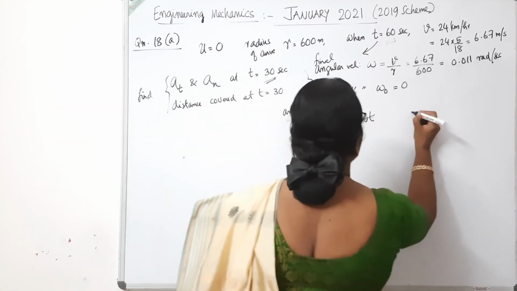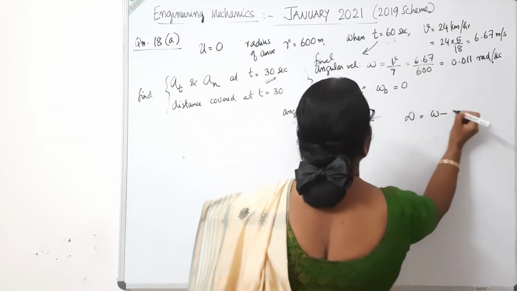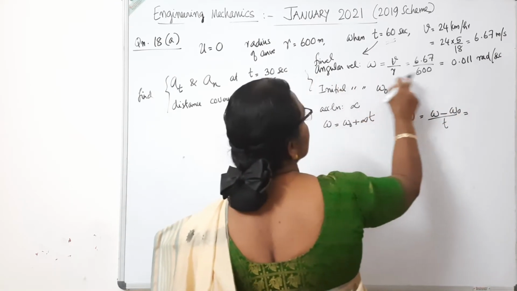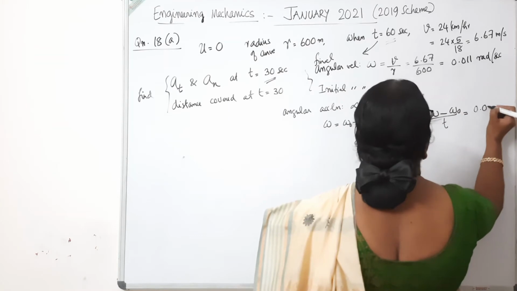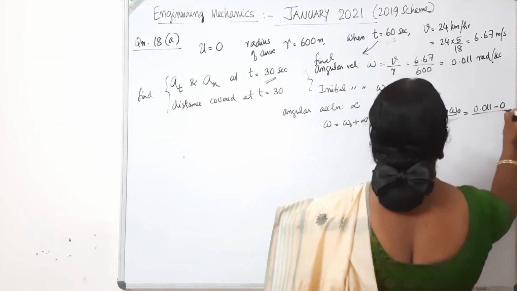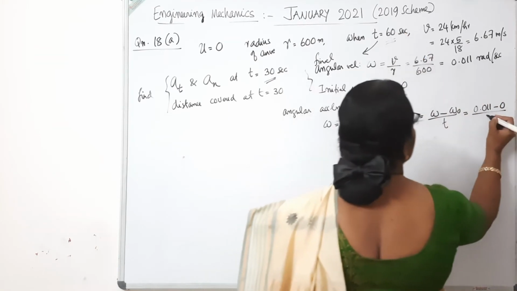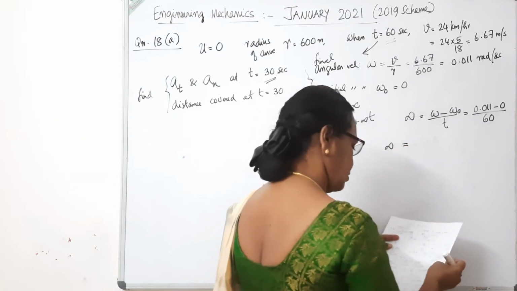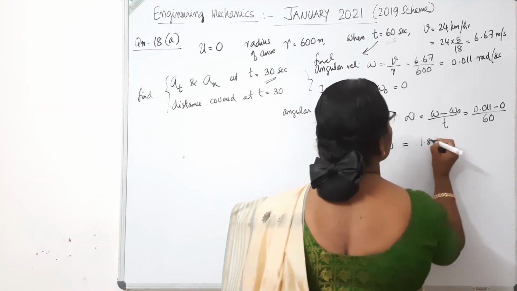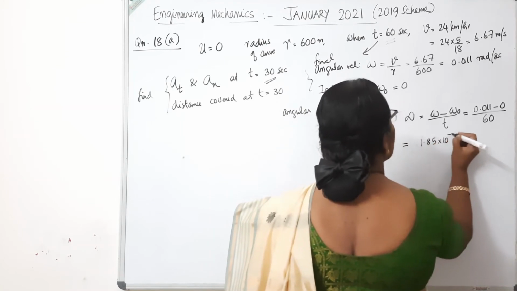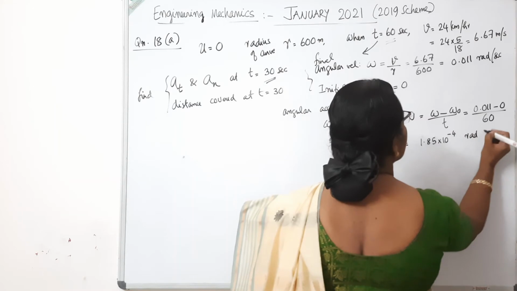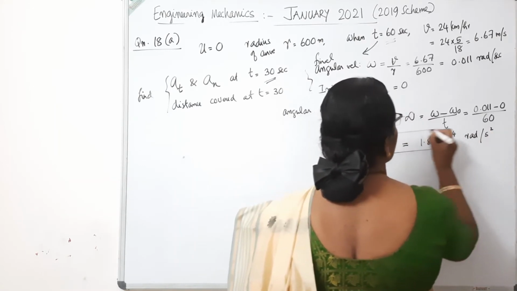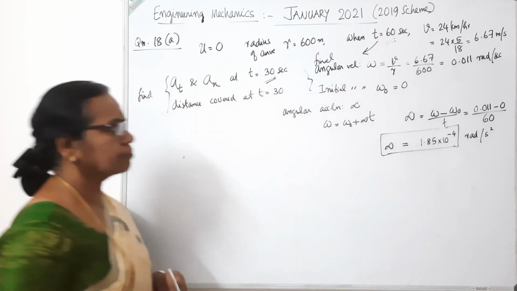From this we can write alpha is equal to omega minus omega 0 divided by t. So it is 0.011 minus 0 divided by 60 seconds, and we get the angular acceleration as 1.85 into 10 raised to minus 4 radian per second square. This is the first step, which we will be using.